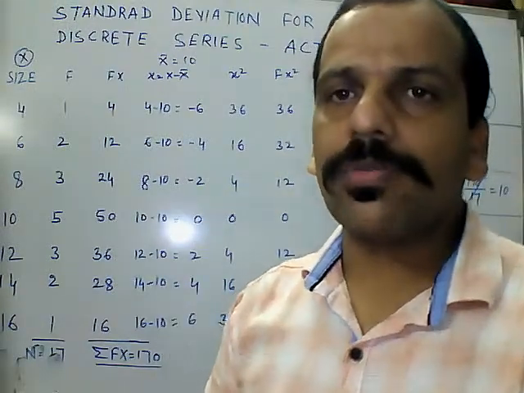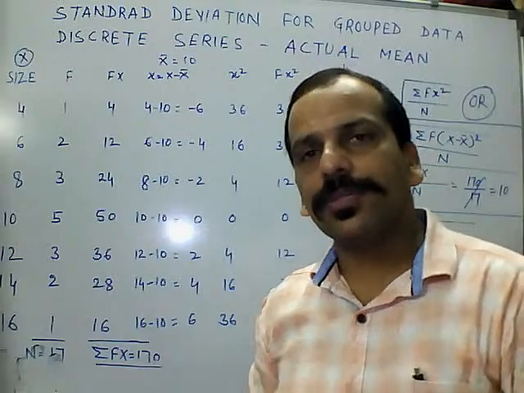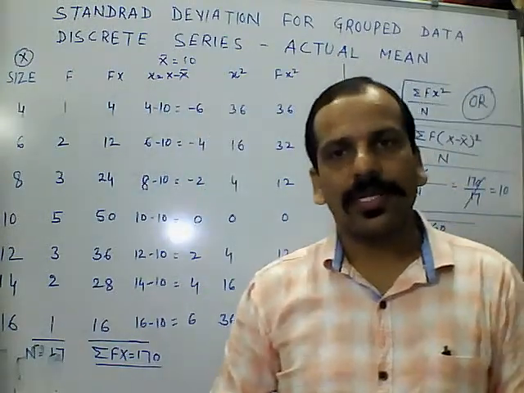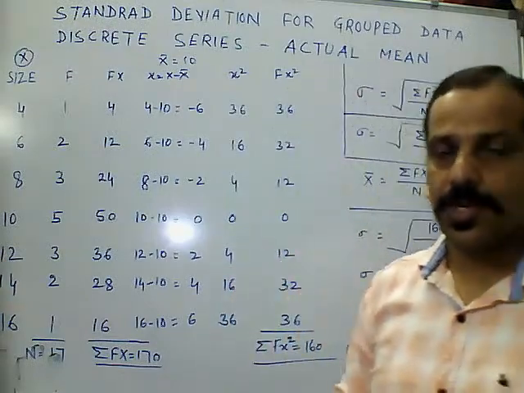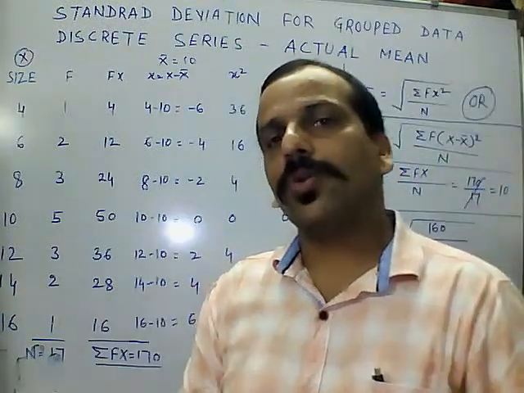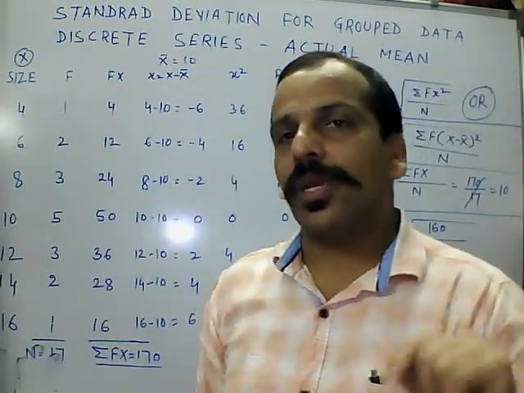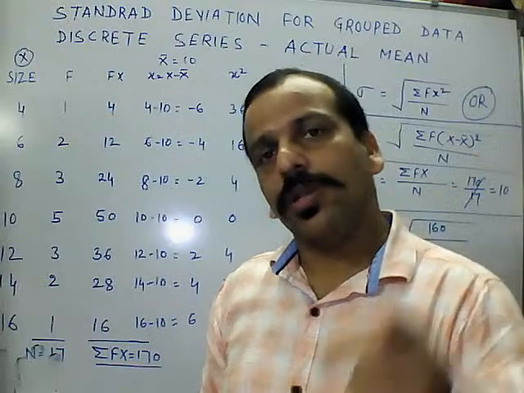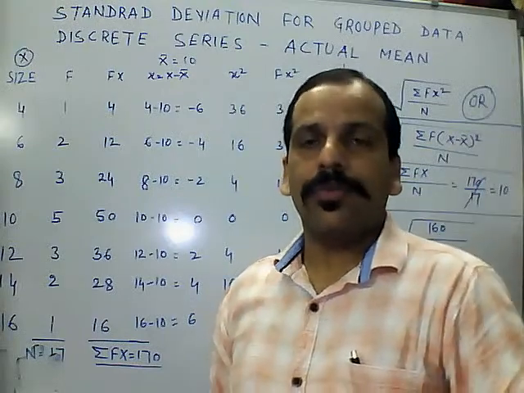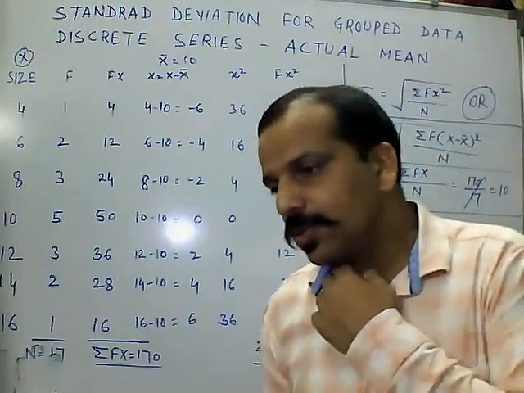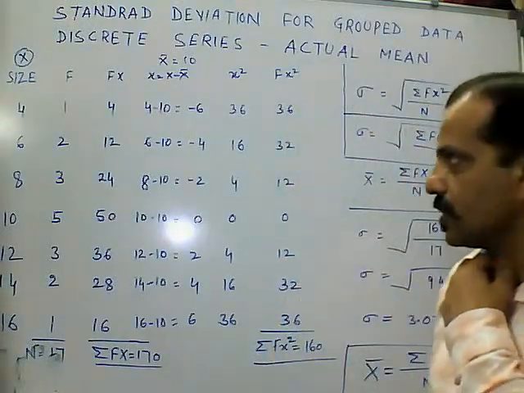So it means you have to find out the actual value of mean. You can't assume the value of mean. When it is actual, then you actually have to find it. And the formula to find the actual value of mean is sum x divided by number of observations.